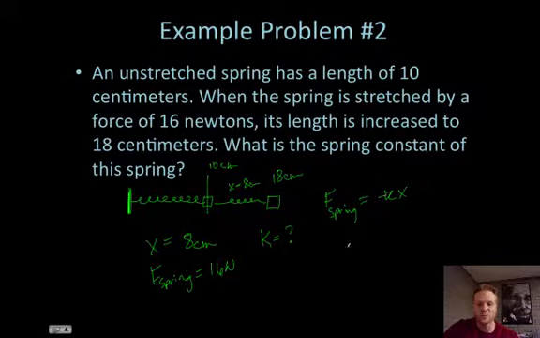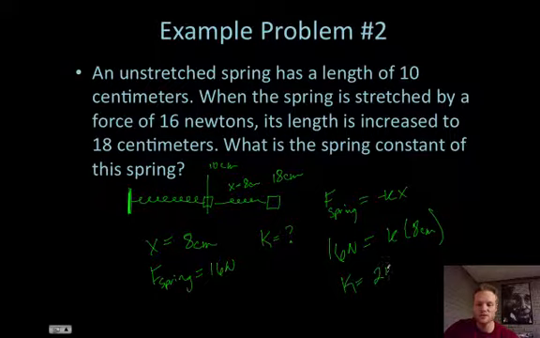So we're going to drop that negative sign because it's just a directional signal for us. So the force on the spring is 16 newtons. And k, we don't know, so that's the question. And then x is 8 centimeters. And so basically just bring 8 over here, and I find out that k equals 2 newtons per centimeter. And that would be my answer.